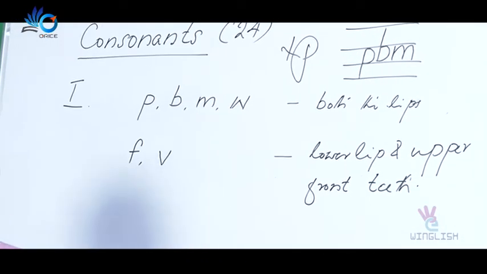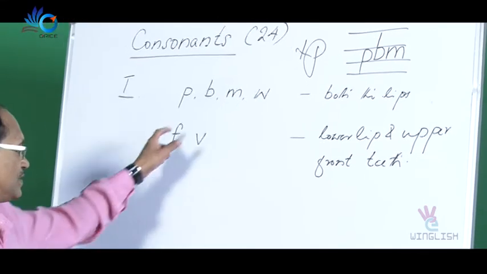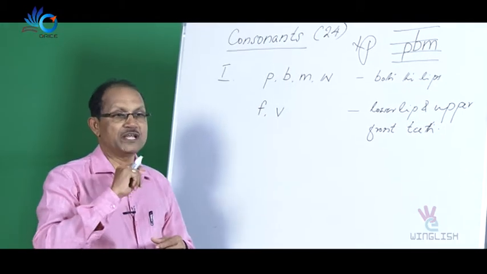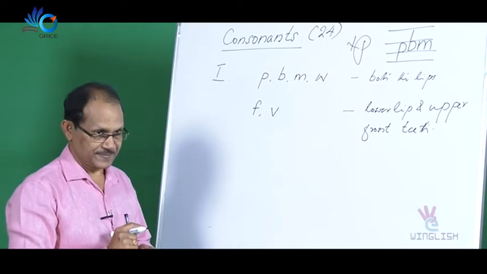Now, we are just noting down the articulators. So, here both the lips are there, here the lower lip and the upper front teeth. Okay.